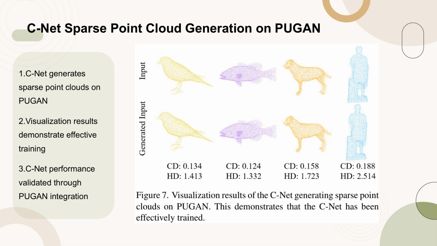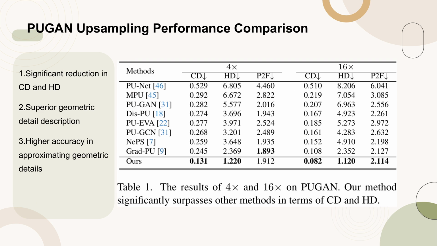Table 1 presents the results of 4 times and 16 times upsampling on the PUGIN dataset, demonstrating the substantial superiority of our method in terms of chamfer distance, CD, and Hausdorff distance, HD. Our method significantly reduces CD and HD, indicating superior geometric detail description compared to other methods.